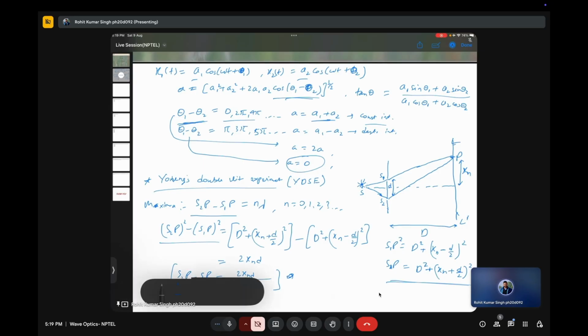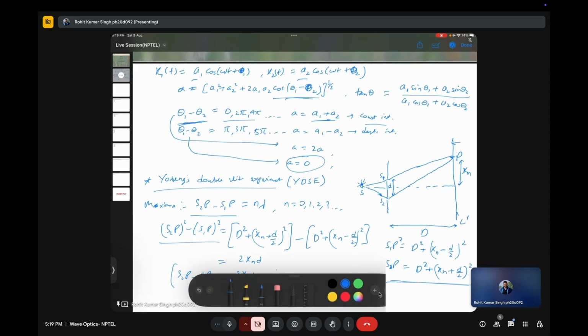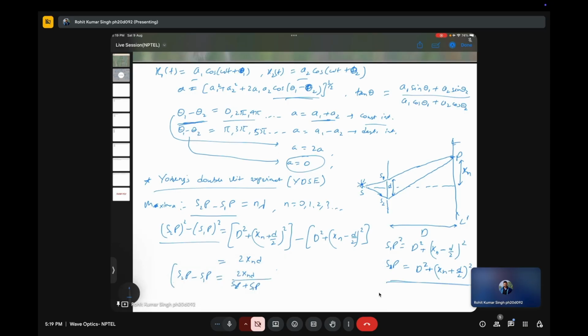Now this we can write approximately equal to xn d by D. Now how did we write this? Here we are assuming that the distance between the slits and the screen is much greater than the distance between the slits, small d, and also the point where we are observing the fringes.